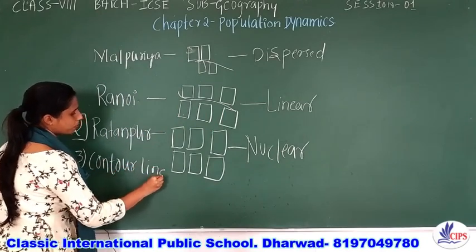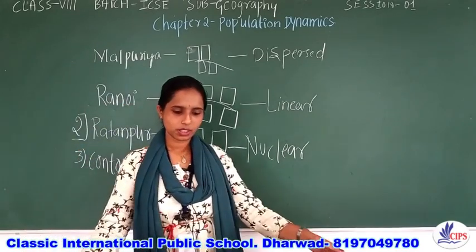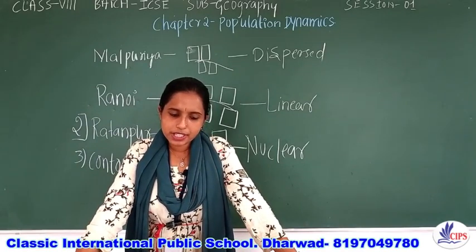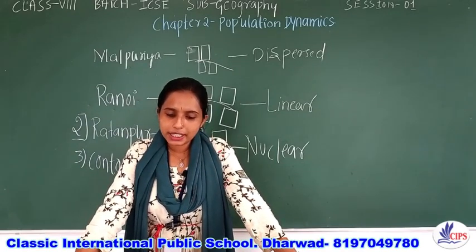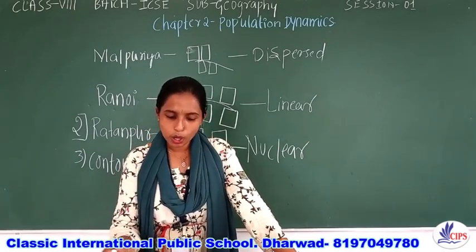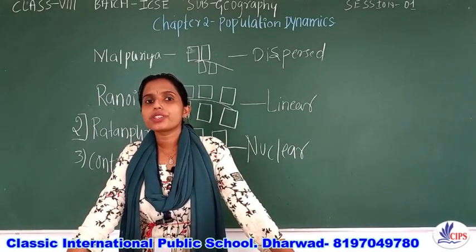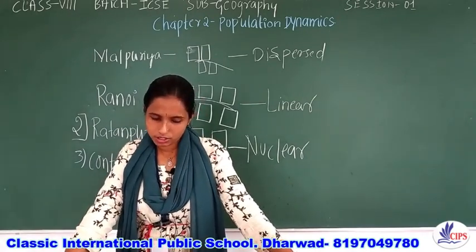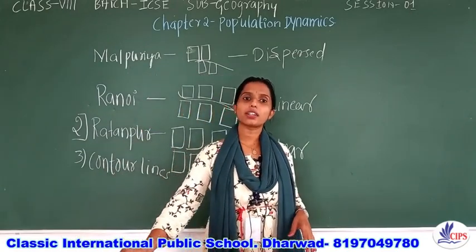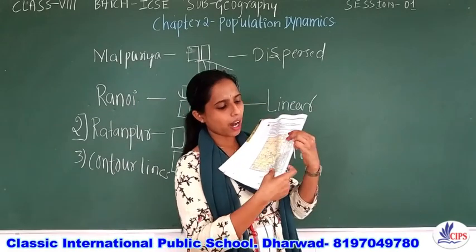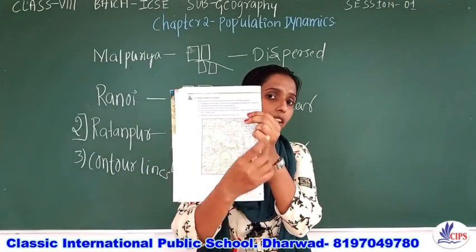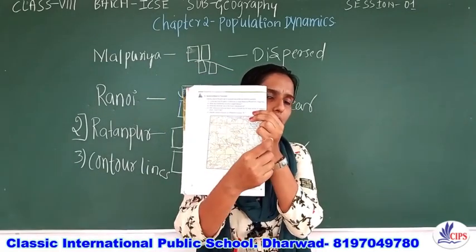Come to question number 4. See question number 4. With reference to the physical feature, what is indicated by the large number of contour lines in the southeast of the map? See, this part is filled with contour lines, and the contour lines are very close to each other.